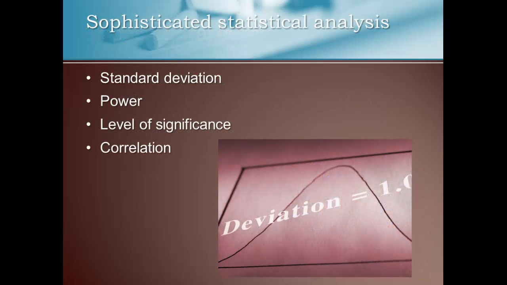Finally, when you're doing analysis for inferential statistics, it generally requires sophisticated mathematical computations. For example, you might need to calculate levels of significance, statistical power, or correlations. When you're at that level of analysis for your dissertation, for example, it would be helpful to use a statistical software program like SPSS, where you input all the numbers and the program does the number crunching for you. That level of analysis is really outside the scope of this class.